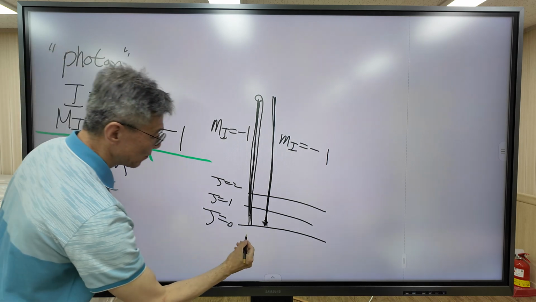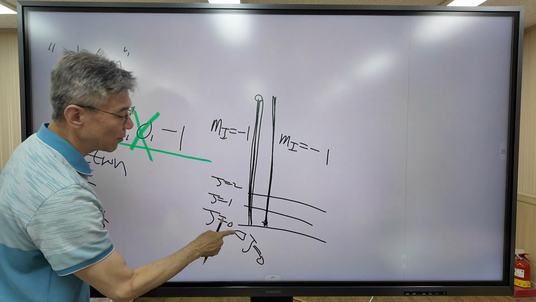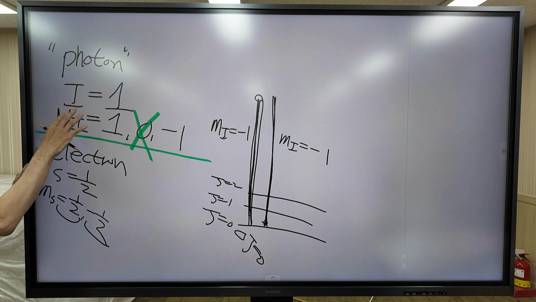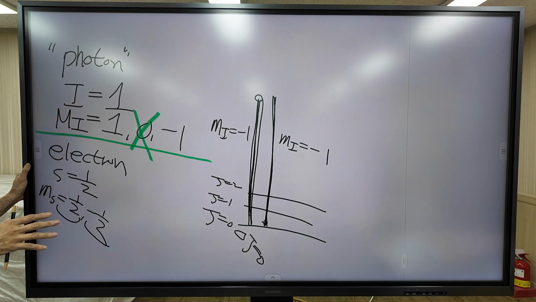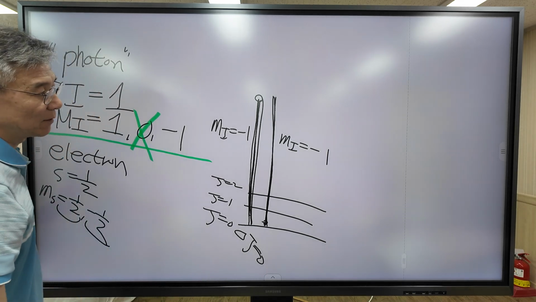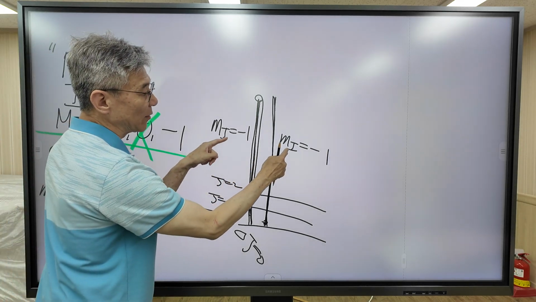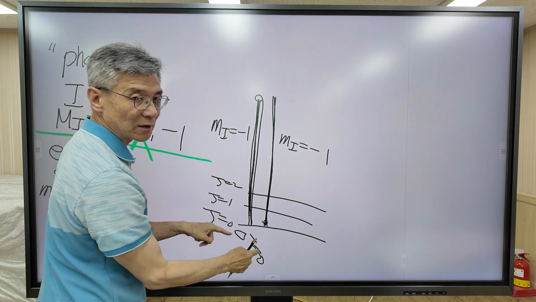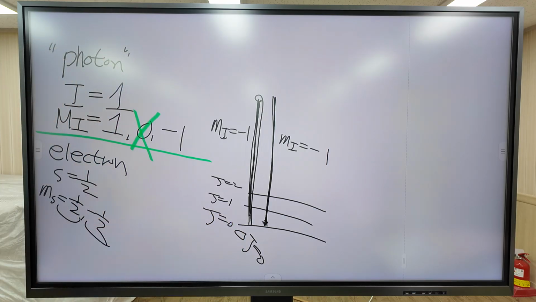So the angular momentum of molecule does not change. All processes must satisfy angular momentum conservation. So when there is a change in the photon angular momentum, the change must be compensated by the change in the molecular angular momentum. But in this case, there is no change in the photon state, so there is no change in the molecular state. So this is the Rayleigh scattering.